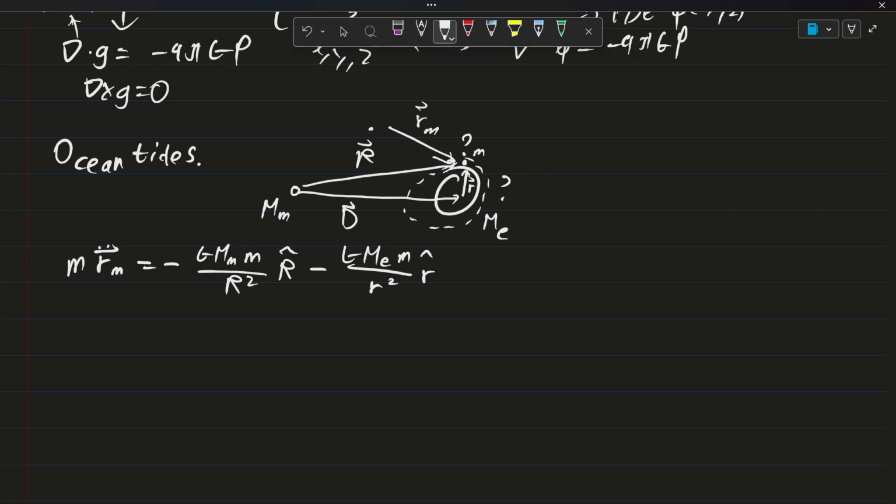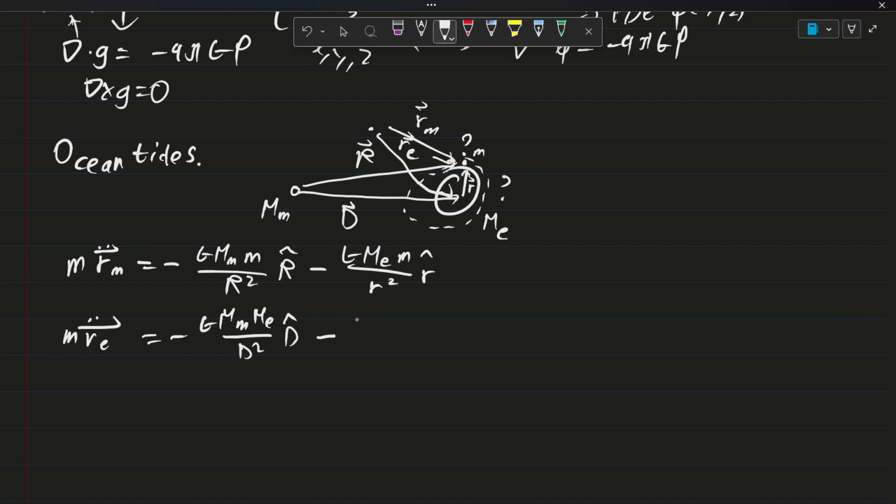So that's one thing. What about the force on the Earth? We could try to figure that out. We'll define this position to be r_E. So M r_E double dot vector is going to be negative G, mass of the moon and the mass of the Earth, divided by d squared in the d hat direction.